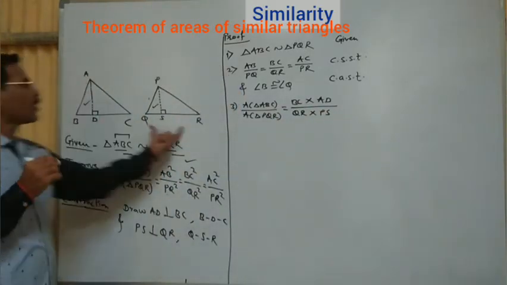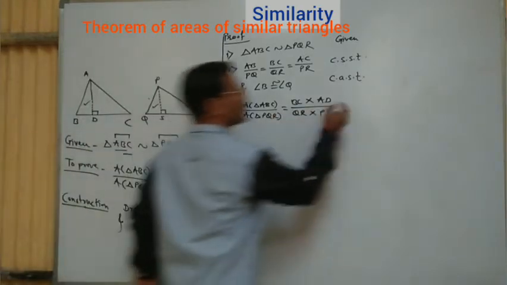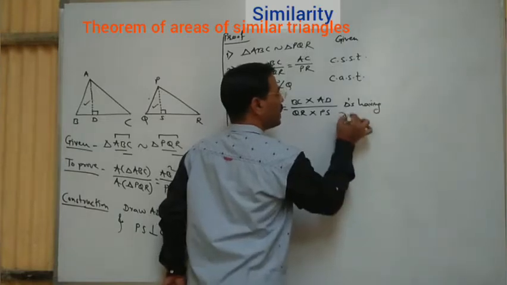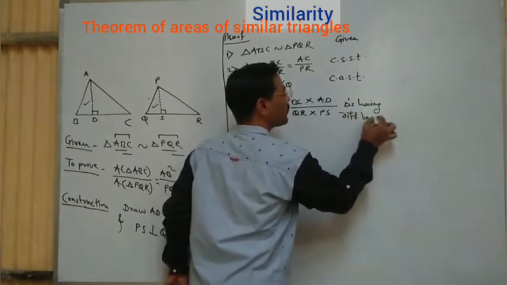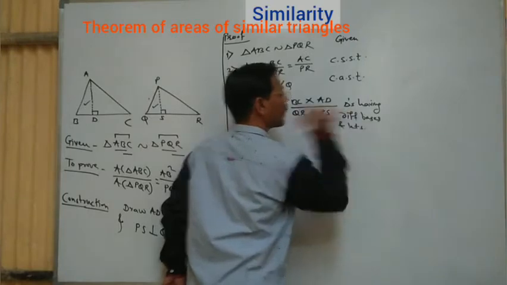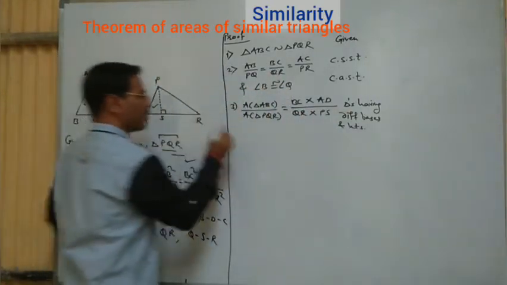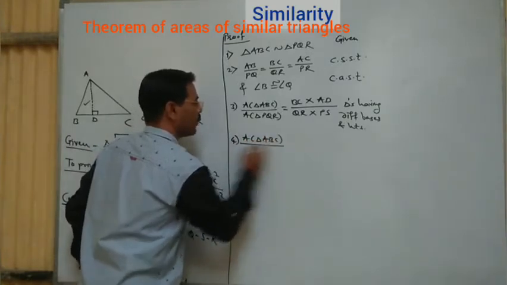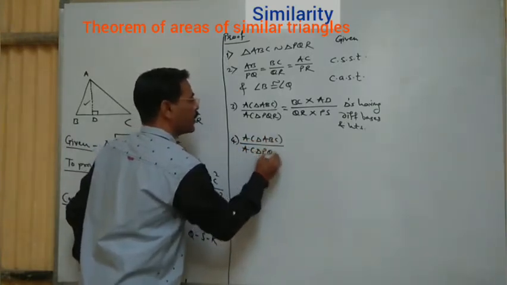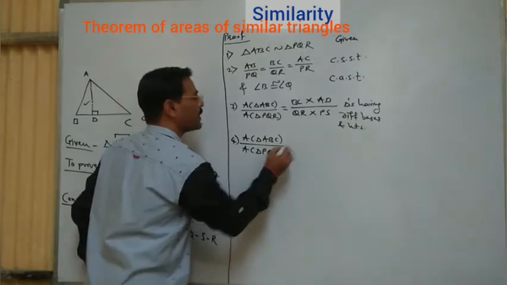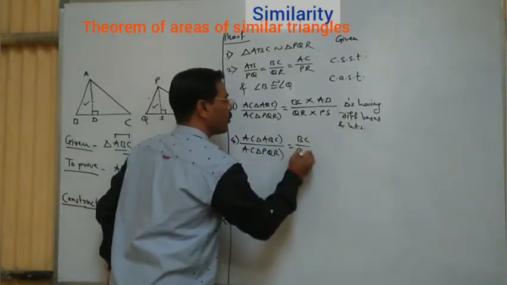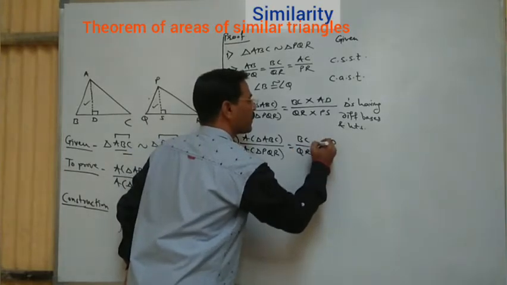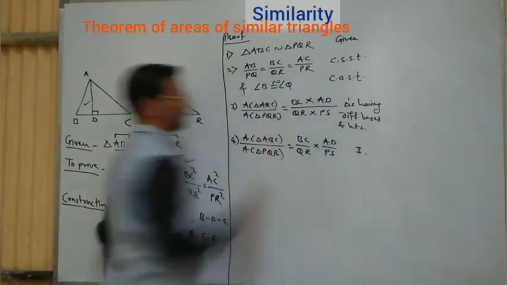BC into AD, QR into PS. These are triangles having different bases and heights. Now I will separate it here: area of triangle ABC upon area of triangle PQR is BC upon QR into AD upon PS. This is just from the third step.